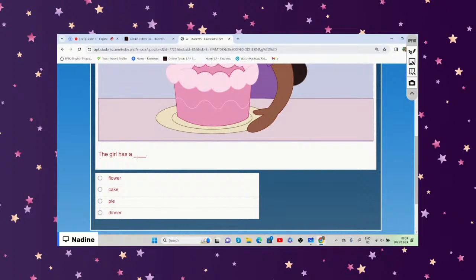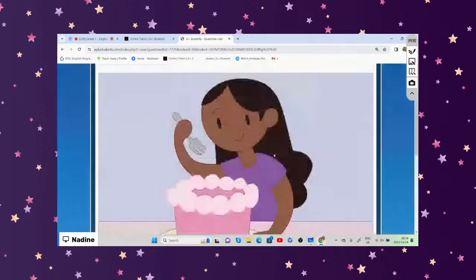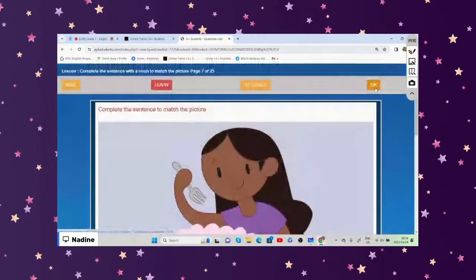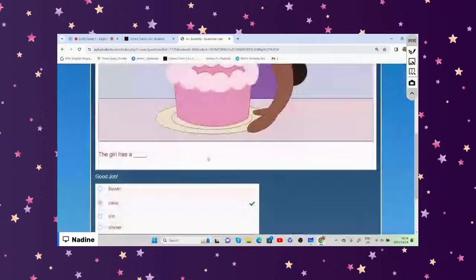So we can say the girl has a cake, right? Wonderful. So the cake is what the girl has. So well done.